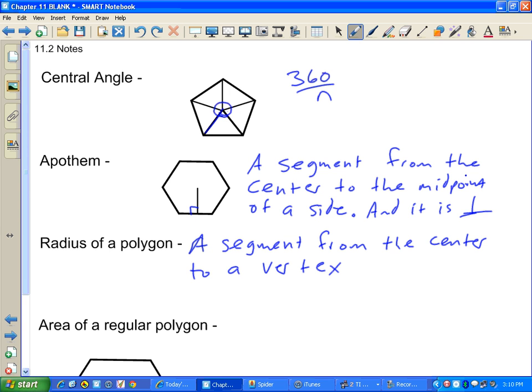Any one of these would be a radius. Okay, so it's not the same as an apothem, because the apothem goes to the midpoint of a side, and the radius goes to the vertex. And if you look, if we put in our apothem and our radius, I get a right triangle. And then we can use all of our trigonometry to find different pieces that we're going to need.